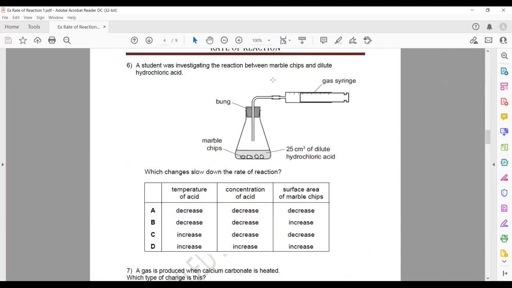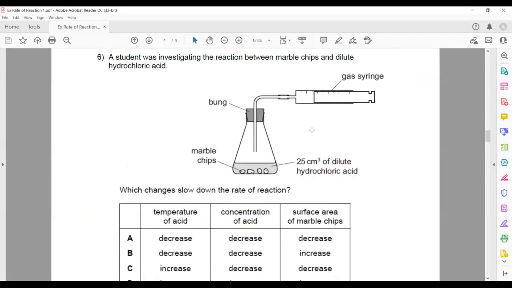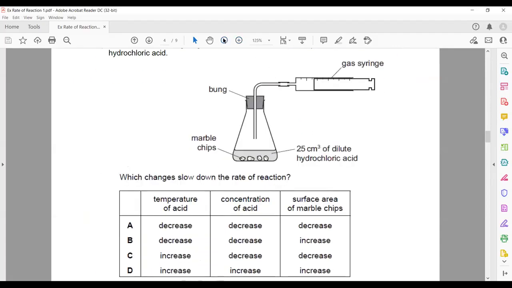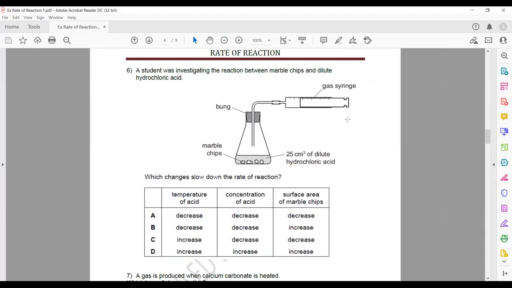The student was investigating the rate of reaction between marble chips and dilute acid. Which change will slow down the rate of reaction, like decrease the rate of reaction? We don't want to increase, we want to decrease the rate of the reaction.